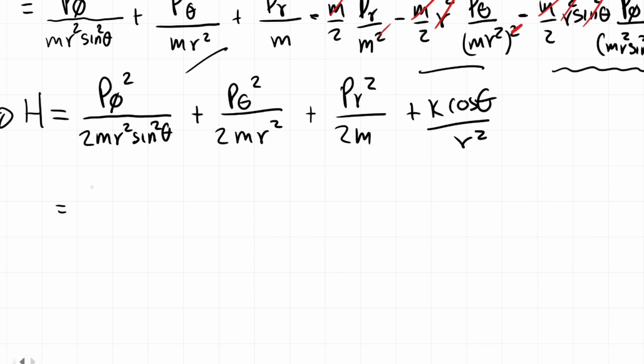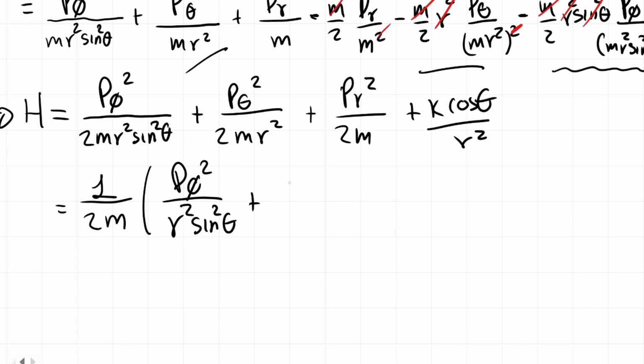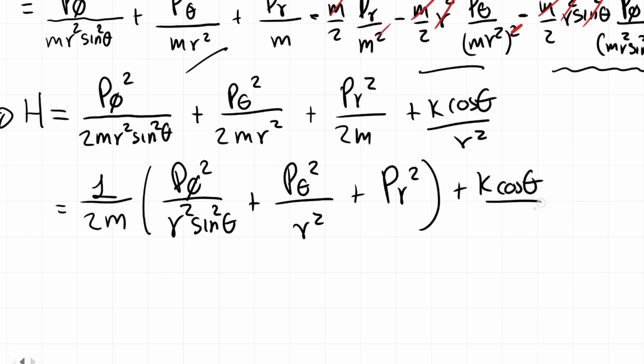Okay, we can take a factor of 1 divided by 2m here to multiply p phi squared divided by r squared sine squared theta plus p theta squared r squared here plus pr squared plus k cosine theta divided by r squared. Perfect.